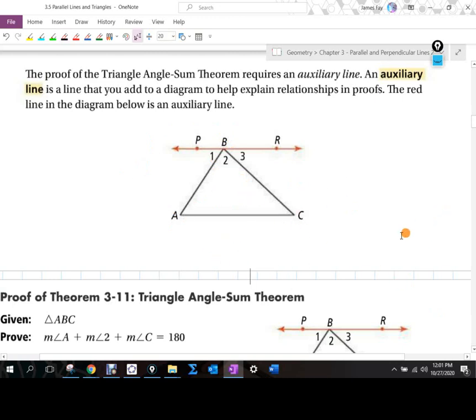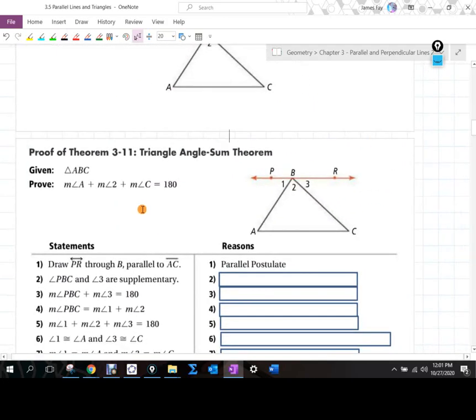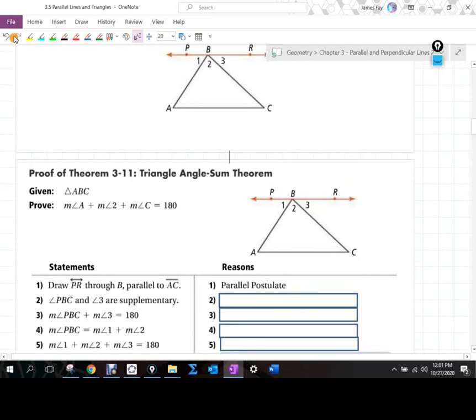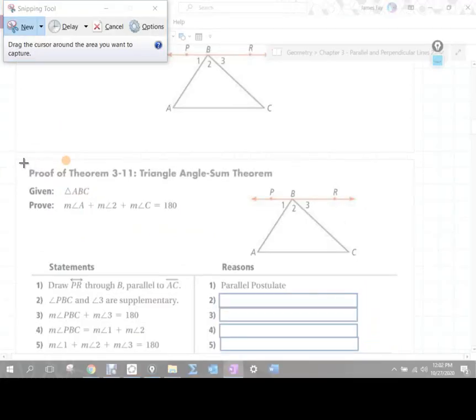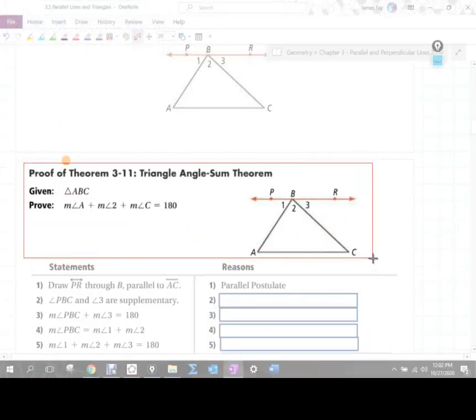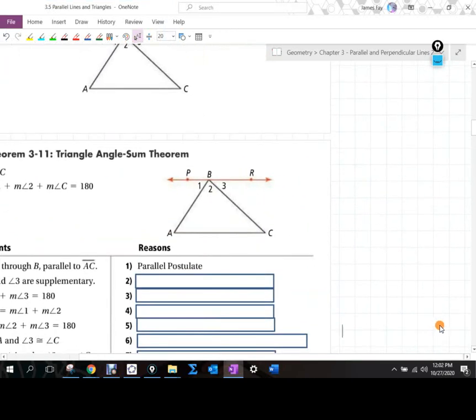So why does that help us? We're going to create this proof, and we're going to do this whole proof without the notes, from scratch. We'll come to the side.